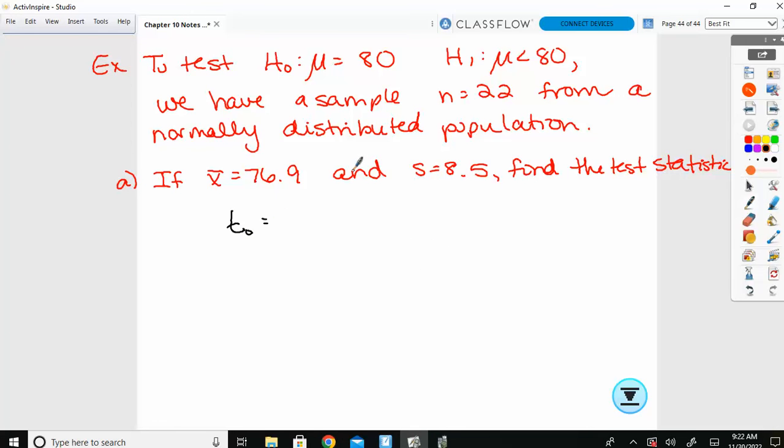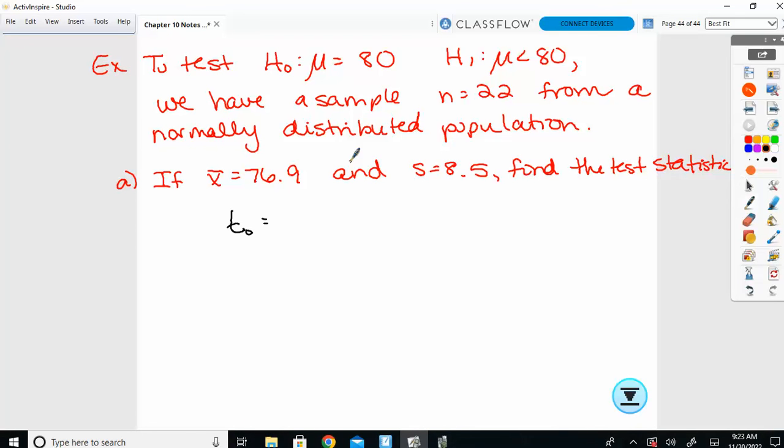Okay. There's a couple different ways of doing that. You could think of it in terms of a z-value. If you're looking at your formula sheet, it gives you a formula for it, which is written a little bit different, but the same thing as finding a z. So on your formula sheet, where's that?